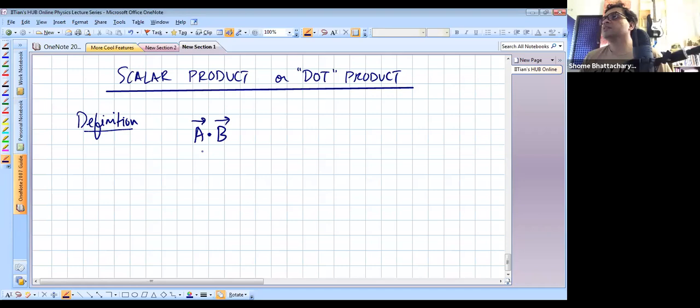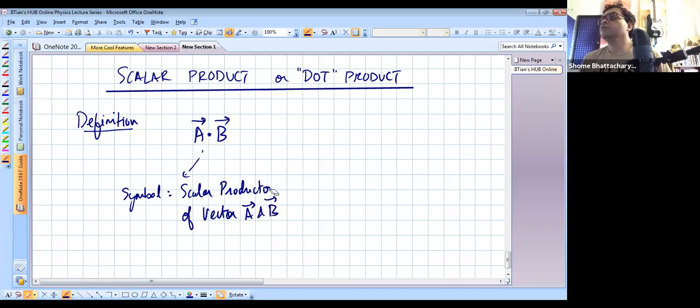So this symbol is read as scalar product of vectors A and B. Or in short form, once we get used to this, we call it just vector A dot B. So in everyday language, we might just in short form call it A dot B, but the proper definition of what this symbol represents is that it represents the scalar product of vector A and B.